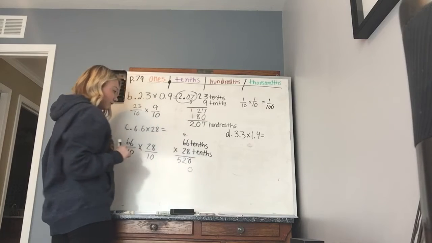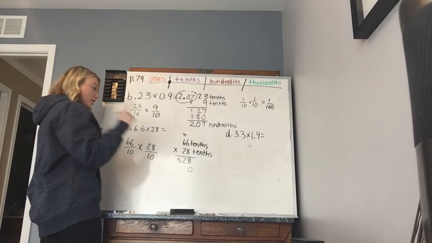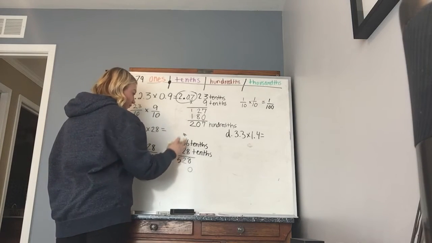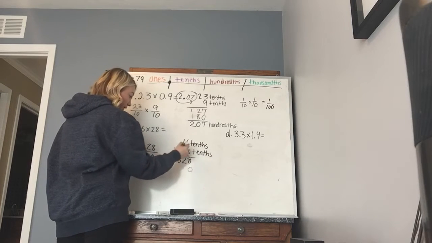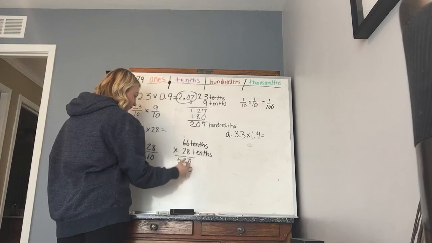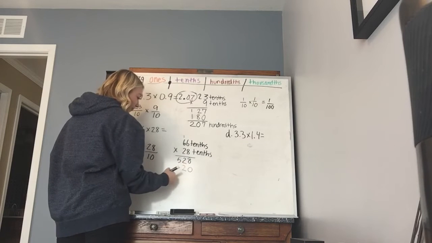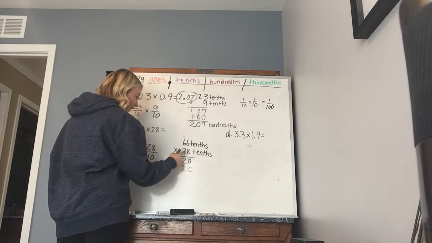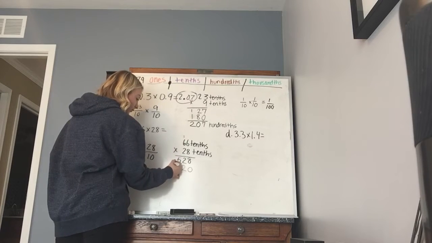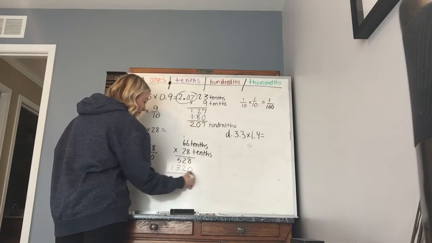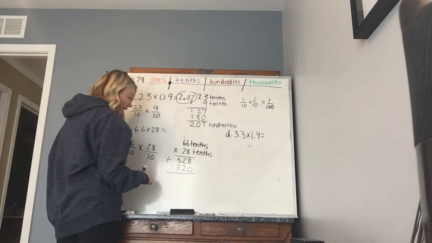I'm going to cross out this 4 so I don't mess myself up, or erase it. And then 2 times 6 is 12, and then 12 plus the 13. And then I'm just going to do the regular adding them together.